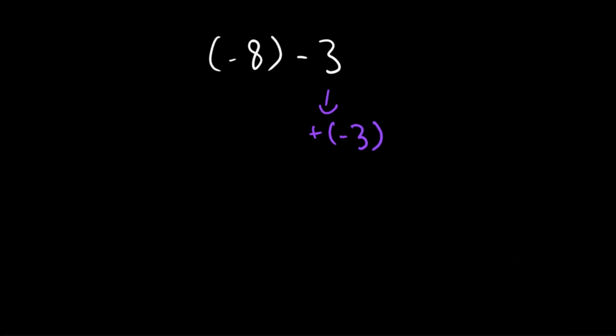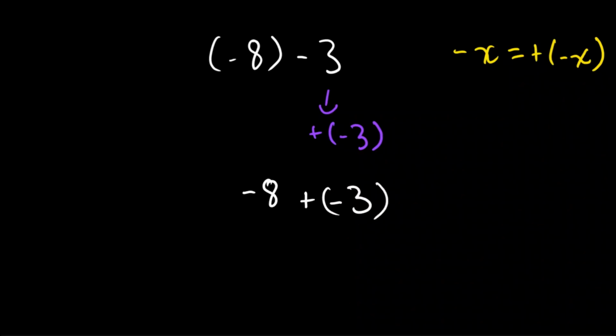At the end, it means the same thing. So we can say that minus x equals adding -x. So we can break this down into -8 plus -3, which is -11.